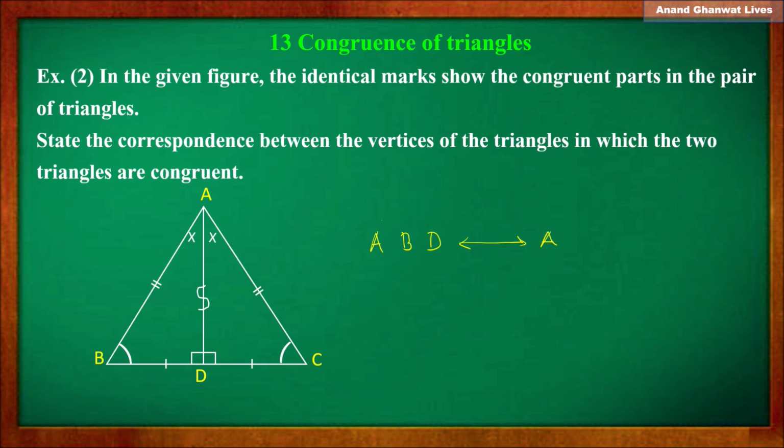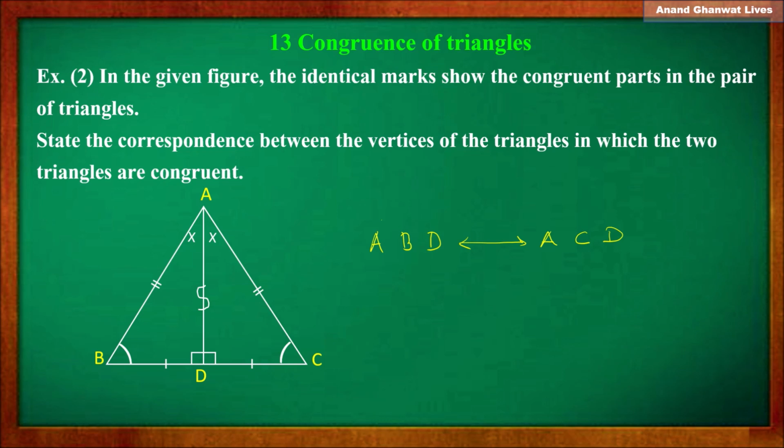Now about B. B is one-to-one correspondence with C. So write here C. And angle D is one-to-one correspondence with angle D. Therefore write there D.